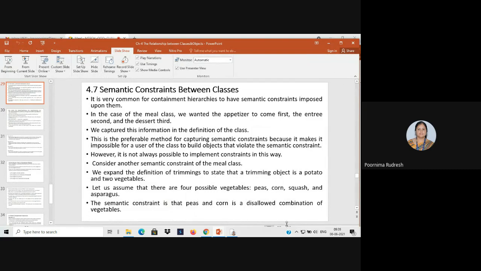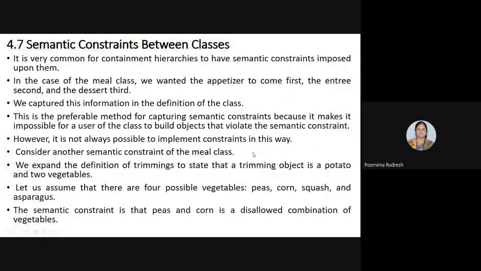Clear? Then here we are putting the constraint that peas and corn is a disallowed combination of vegetables. Okay, clear? See here we are adding peas, corn, squash, and asparagus, but while adding the vegetables, we are putting the semantic constraint that the combination of peas and corn is disallowed.